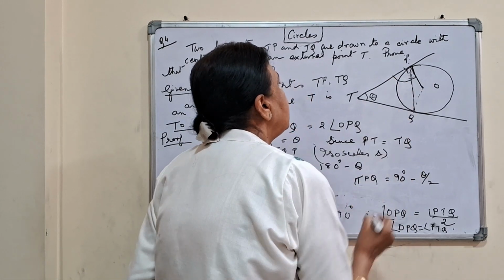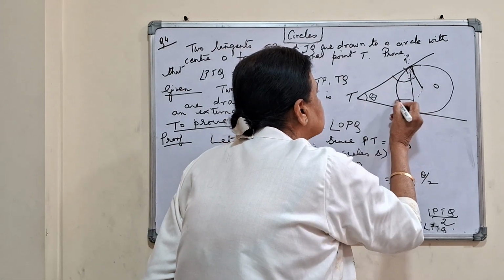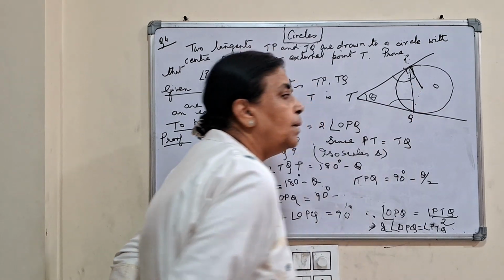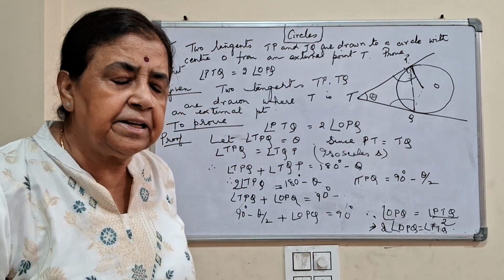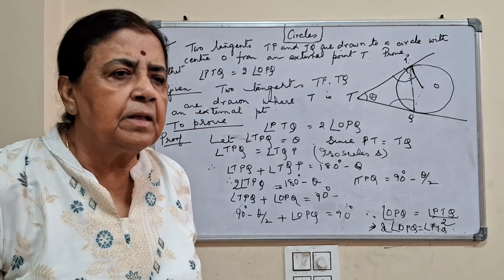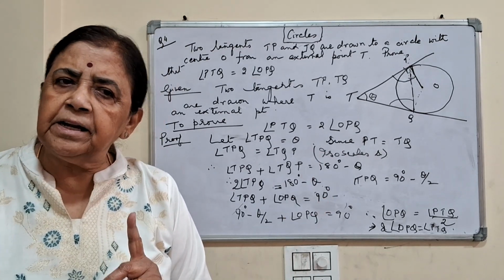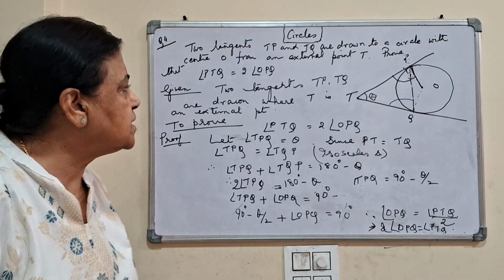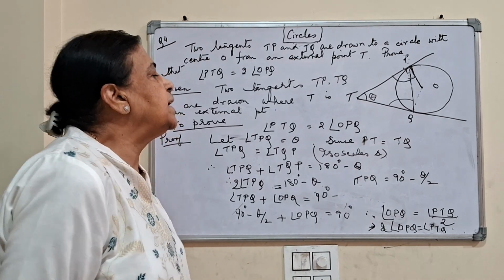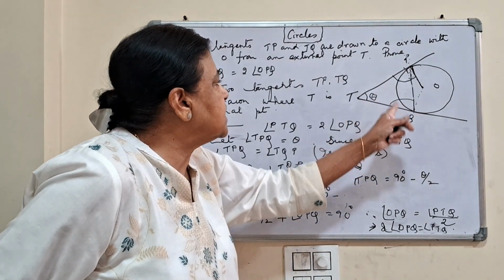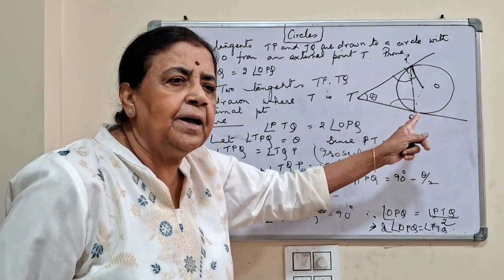The sum of the three angles of a triangle is 180, so the sum of these two angles is 180 minus theta.